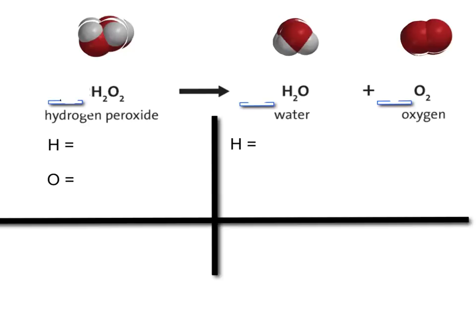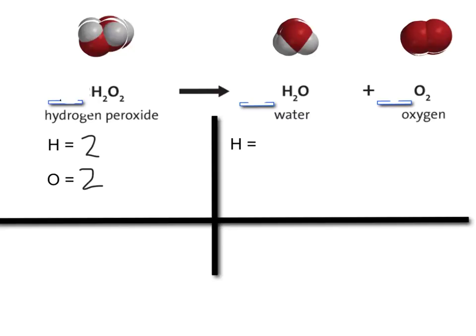To solve it mathematically, you're basically going to be wanting to look at the coefficients you already have and your subscripts. So we can start by seeing on each side we have 2 hydrogen and 2 oxygen on this side, based on looking at the subscripts.